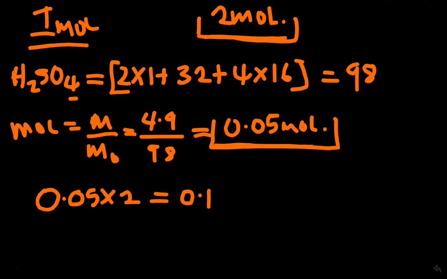I'll quickly punch that here. 0.05 times 2 is 0.1, correct? This 0.1 now becomes the mole of the hydrogen ion.